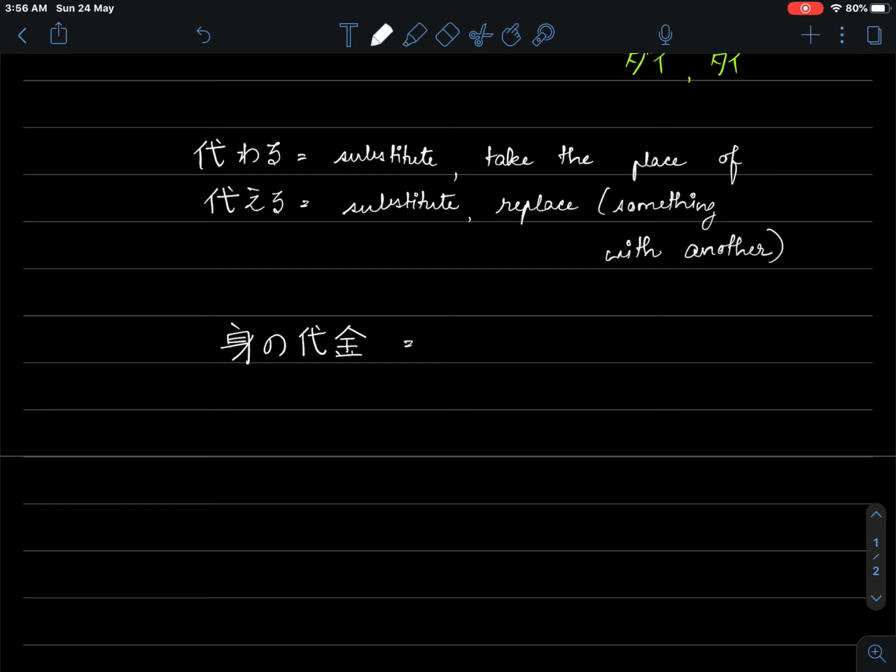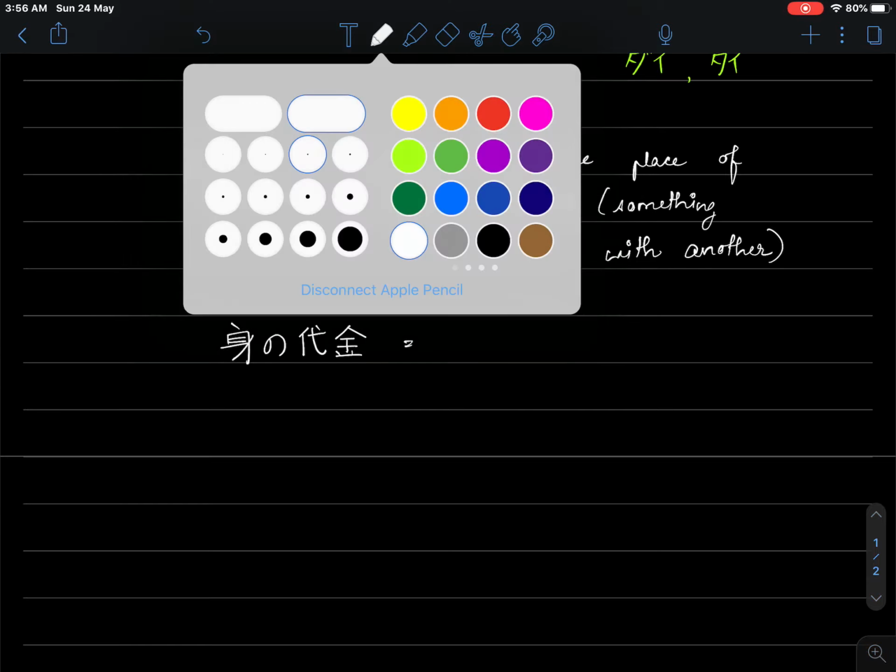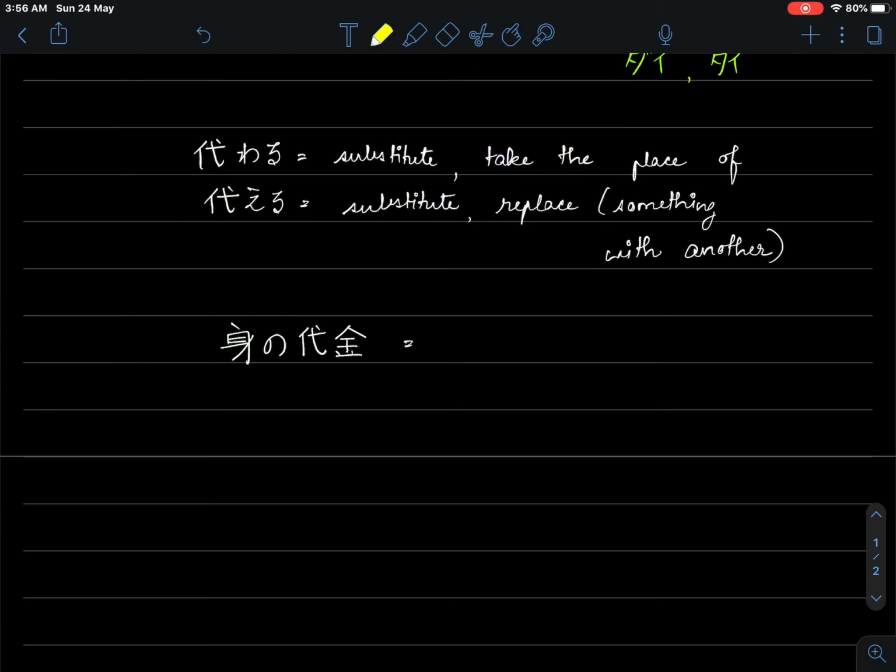Now, before we can get straight into the meaning, let's have a look at some principles of how Japanese works. So here you have the form of A no B. In English this means B of A. Sometimes it can even take up the meaning of for, but this is rare.